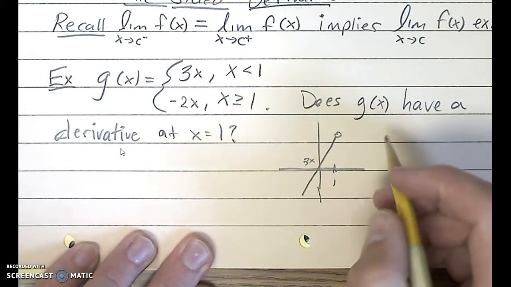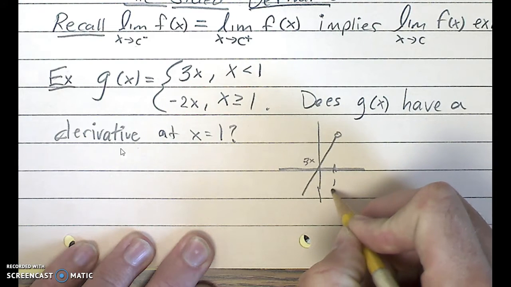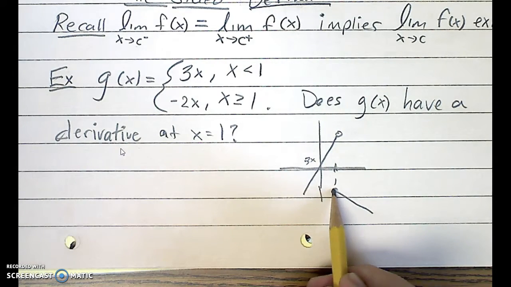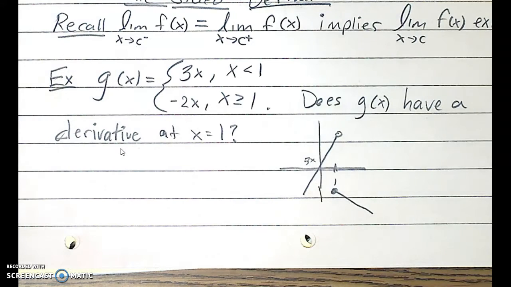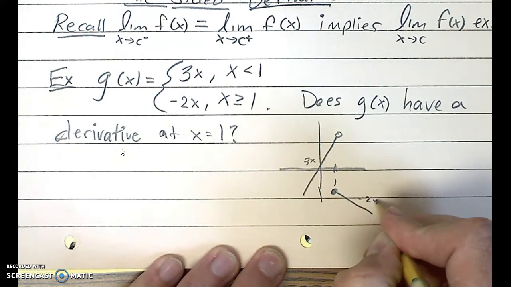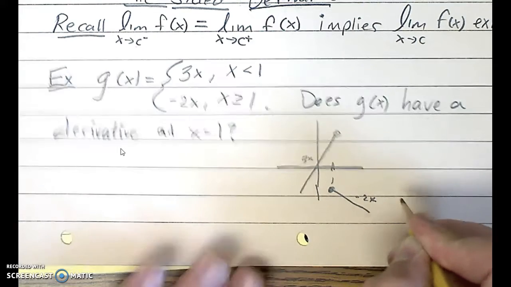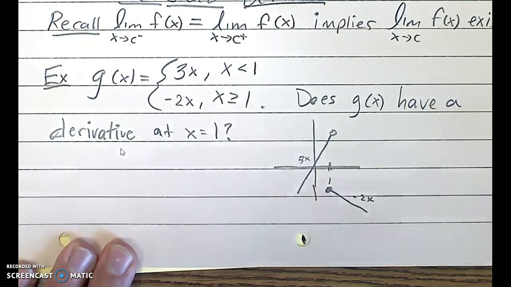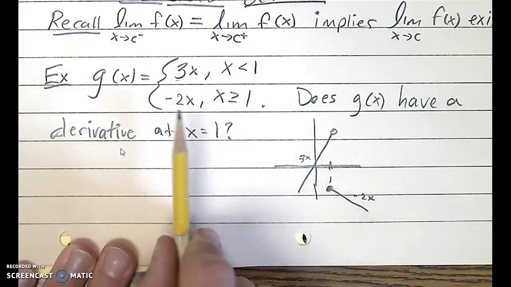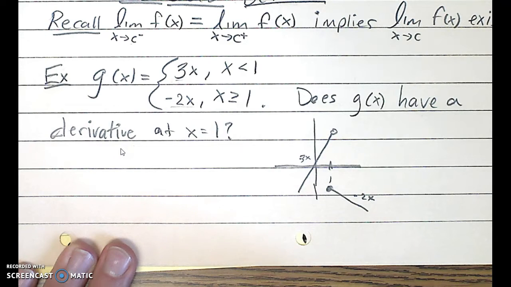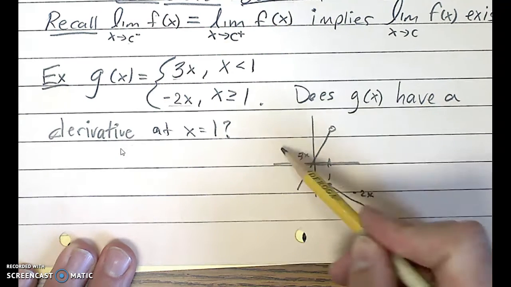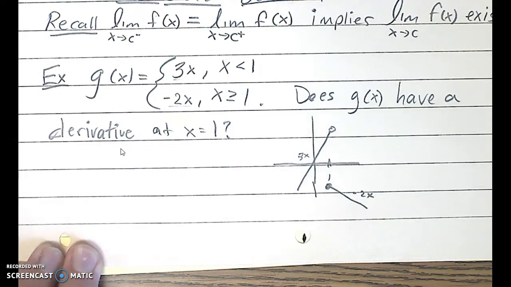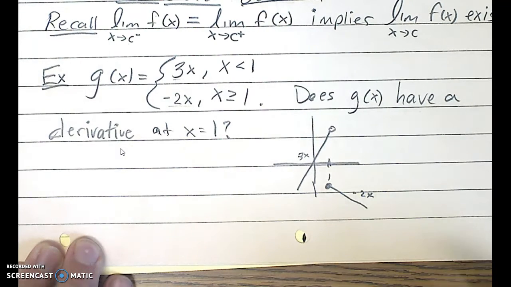When x is greater than or equal to 1, we have the graph of negative 2x. Okay, so there's negative 2x. And so, because these are linear equations and derivatives are slopes, right? We can see the slope here is 3, the slope here is negative 2. So, the derivatives to the left and to the right are not the same. Okay? So, our answer is going to be no.